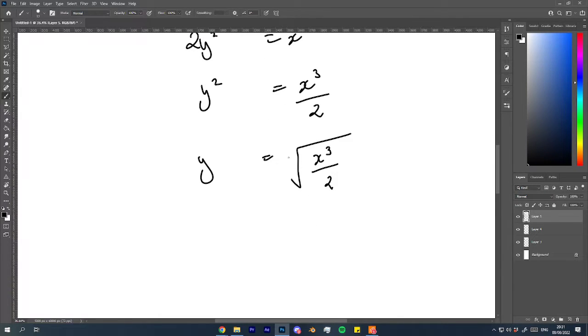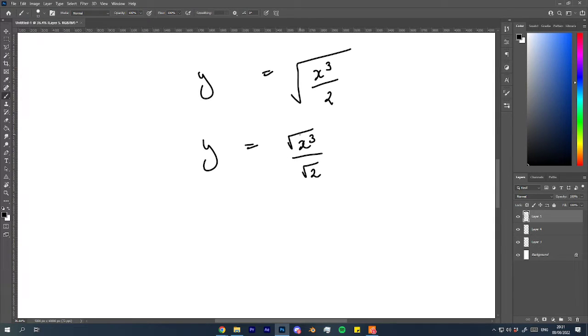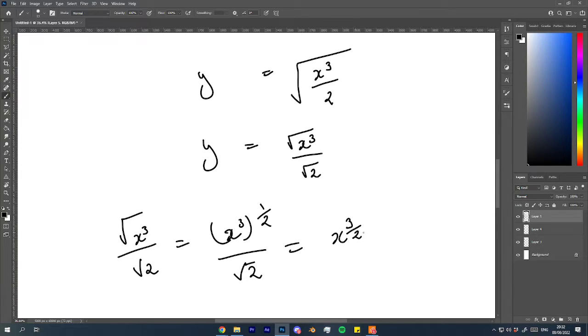So when we have a square root of an entire fraction, we can write two square roots like this. But remember, square root is actually to the power of 1/2. We can write it like that. This is the same thing as x to the 3/2 over 2 to the 1/2.